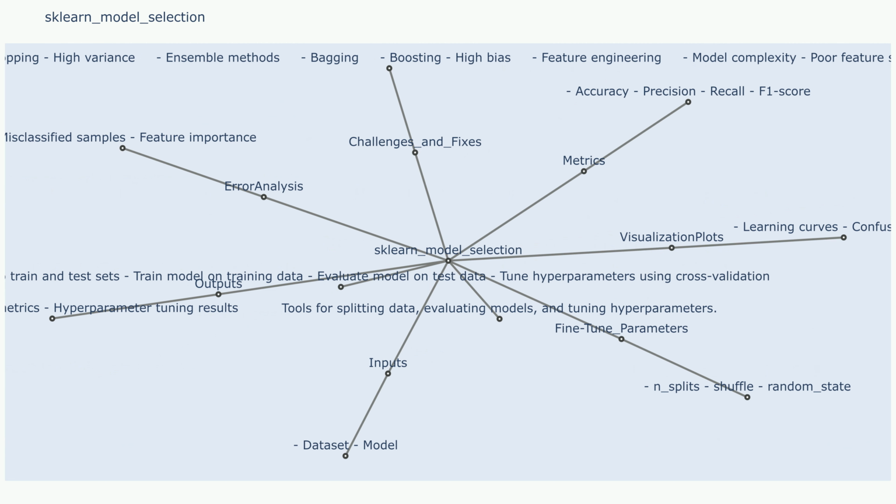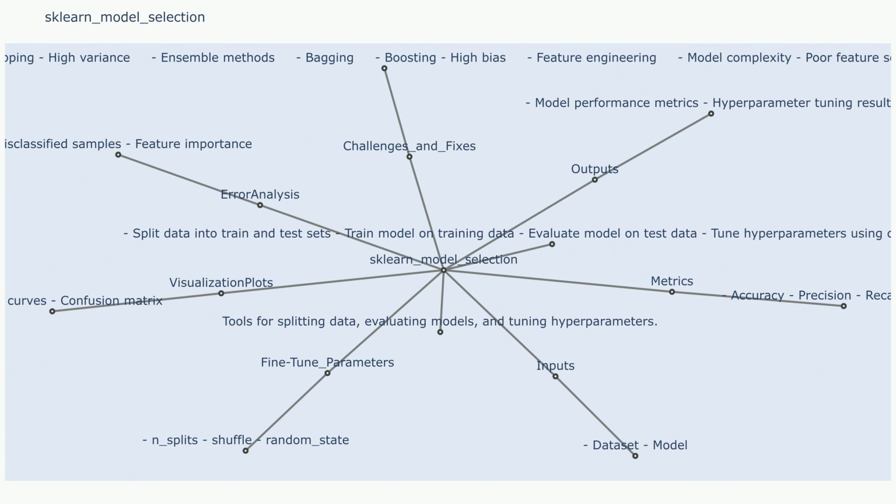Outputs: model evaluation metrics, performance metrics like accuracy, precision, recall, F1 score, mean squared error (MSE), etc., depending on the task and chosen metric. Optimized model: the model with the best hyperparameter configuration found during the search process.